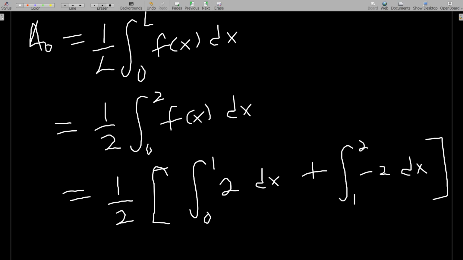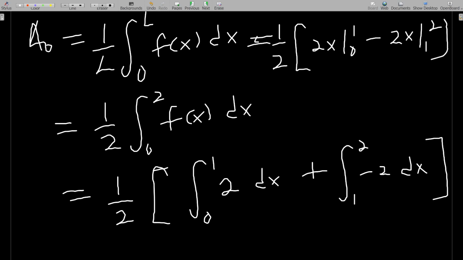Okay, so when you do this integration, actually you get something like, let me do it on this same sheet. 1 over 2 into, when I do the first part, I'll have 2x from 0 to 1. When I do the second part, I'll have minus, let me put the minus 2x from 1 to 2.